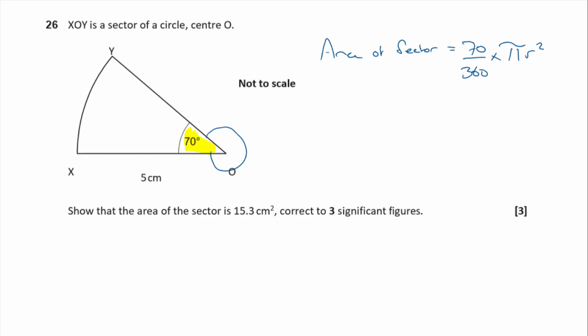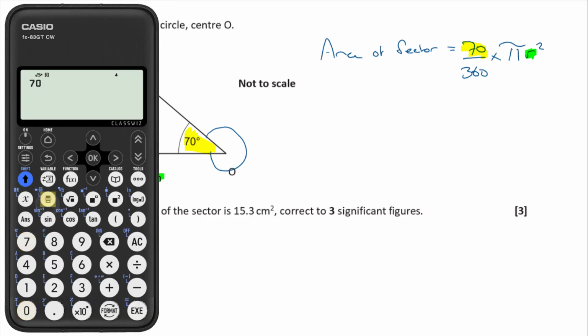So its area is going to be 70, the angle at the center, over 360 times the area of a circle. Now, radius, we know, is 5. It's given there, look. So then the area of this sector is going to be 70 over 360 times pi times 5 squared. Okay, and that comes out to be 70 times 25 divided by 360.